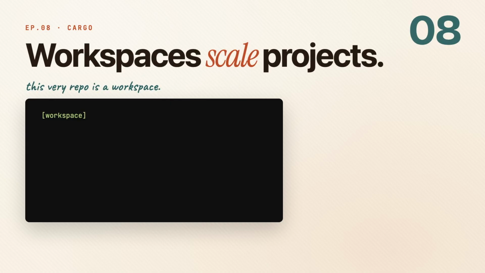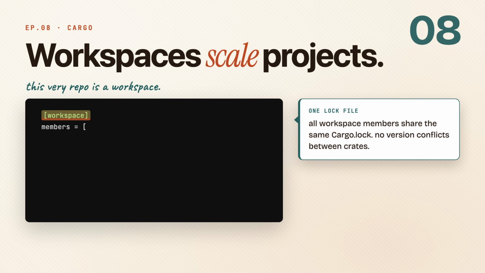A workspace is a group of crates that live together. One Cargo.toml at the root. You get one shared lock file. Every crate in the workspace uses the same dependency version. Cargo test workspace tests every crate at once. Cargo build workspace builds all of them. You can define dependency versions once in the workspace dependencies.